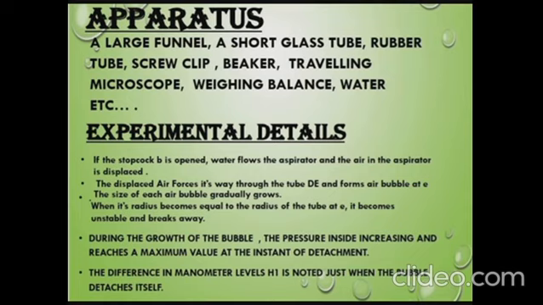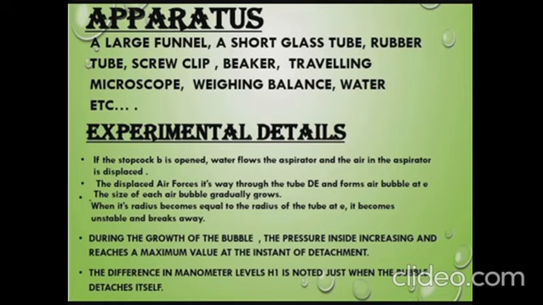When its radius becomes equal to the radius of the tube at E, it becomes unstable and breaks away. During the growth of the air bubble, the pressure inside increases and reaches a maximum value at the instant of detachment.